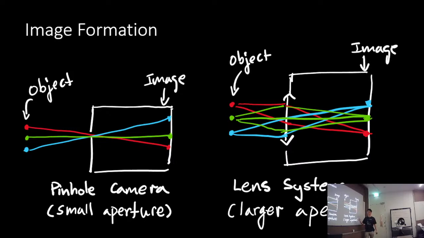So a camera with a lens is the same thing as a pinhole camera. But one important benefit of having a lens as your focusing device instead of a small hole is that you have a larger collecting area. That means you can collect way more light coming from that specific point and map it all over here. So the image from a camera with a lens system is a lot brighter compared to a pinhole camera.